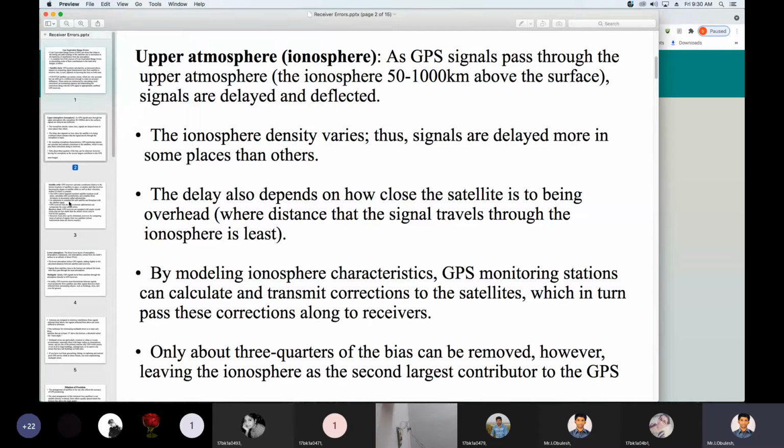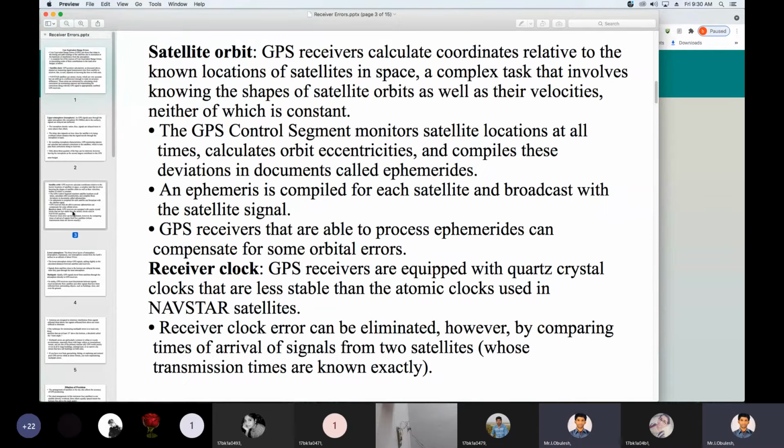The next slide is satellite orbit. GPS receivers calculate coordinates relative to the known locations of satellites in space, a complex task that involves knowing the shapes of satellite orbits as well as their velocities, neither of which is constant.